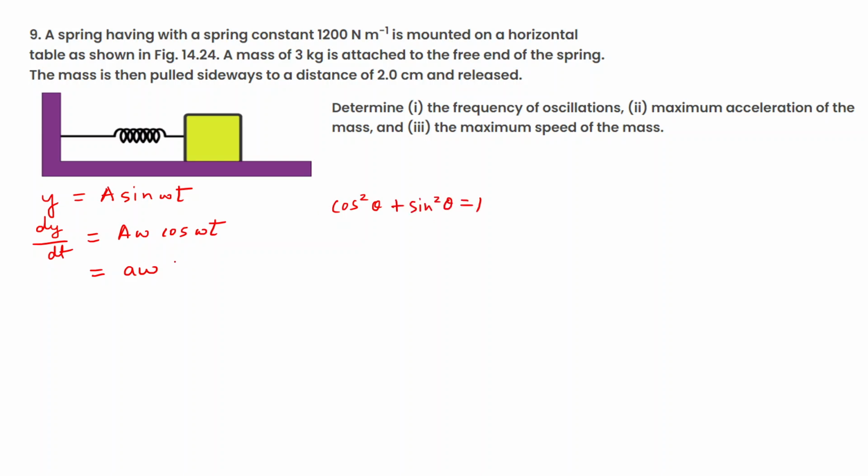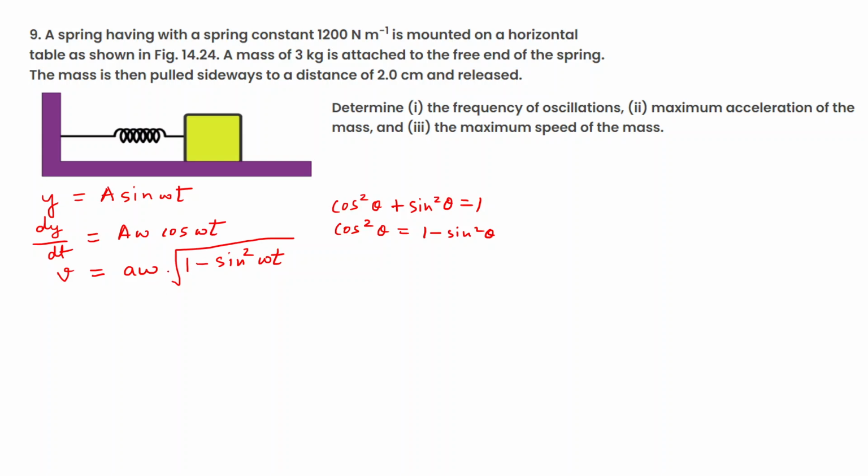Using the same thing here, cos square theta will be 1 minus sine square theta. So substituting here, cos in terms of sine will be 1 minus sine square omega t, and root of this is the velocity.